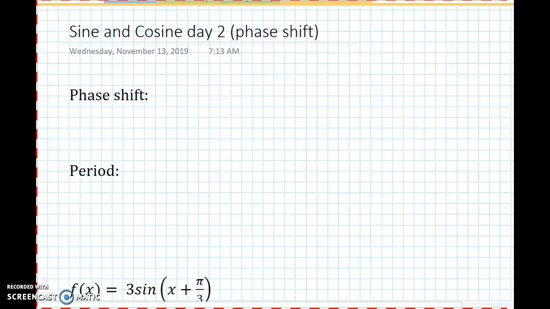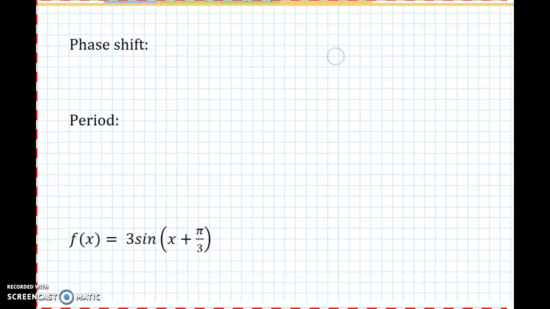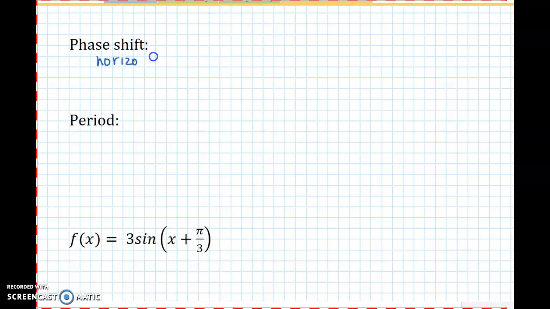They were phase shifts. So phase shift is really just the fancy way of saying your horizontal shift. In any other normal graph, it's your left or right shift, but because we talk about sine and cosine, we'd like to change the name.